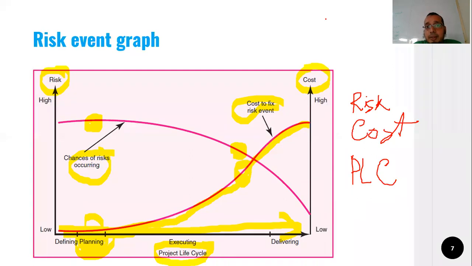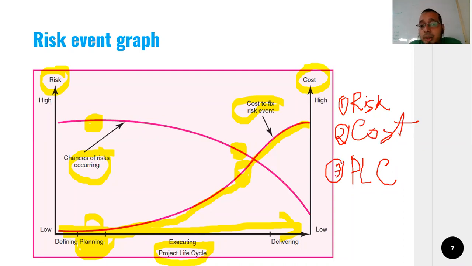I just use a shorter version. So this is a relationship between these three variables: risk, cost, and project life cycle.